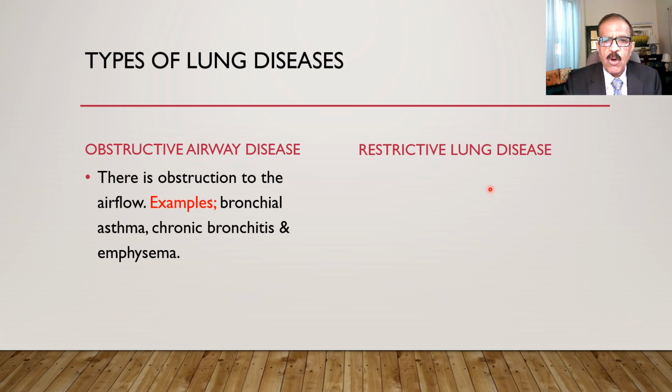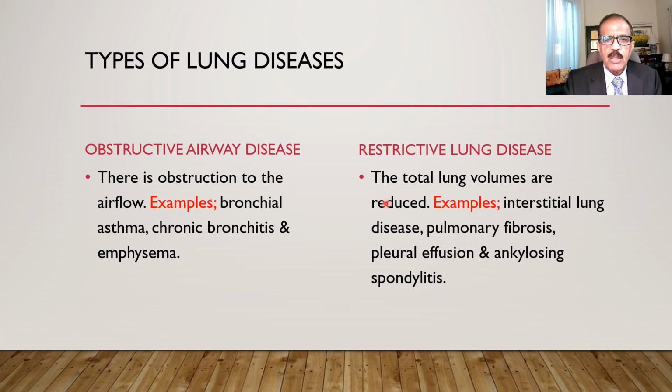Now, examples of restrictive lung diseases, where total lung volume is reduced. So there is a problem with the total lung volume or expansion. Examples are interstitial lung diseases. There is a whole long list of interstitial lung diseases. Pulmonary fibrosis is one of them. Pleural effusion is not strictly speaking a lung disease, but it will produce the same pattern as we have in other restrictive lung diseases.